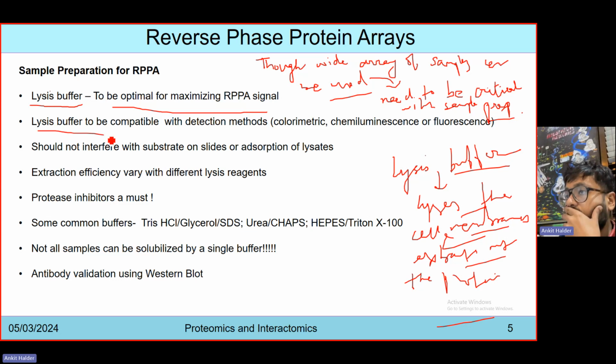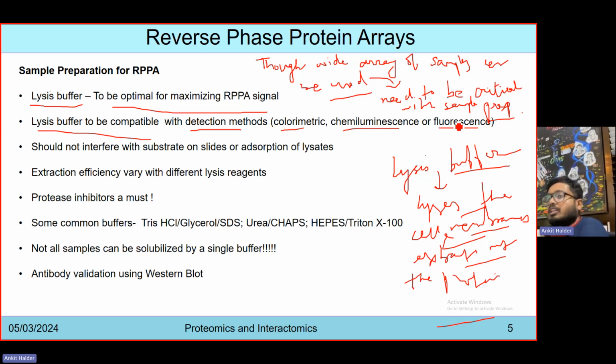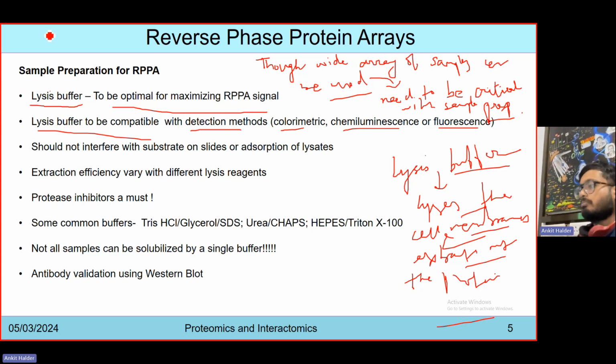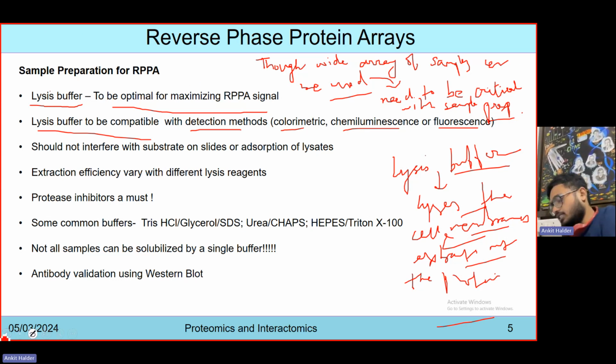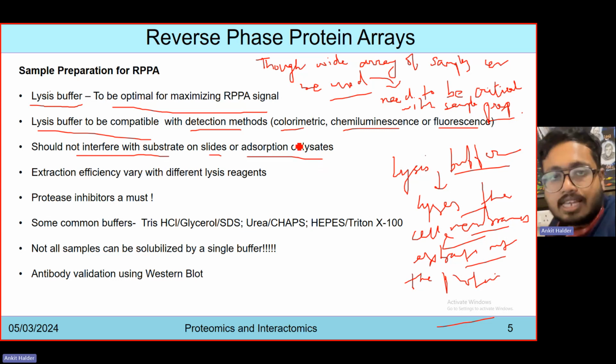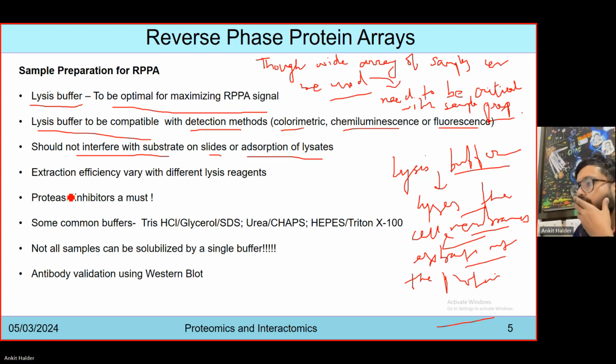It should be compatible with your detection methods, be it colorimetry, chemiluminescence, or fluorescence, whatever methods we are using. So the lysis buffer should be very much compatible with that. It should not interfere with the substrate on slides or absorption of those lysates.